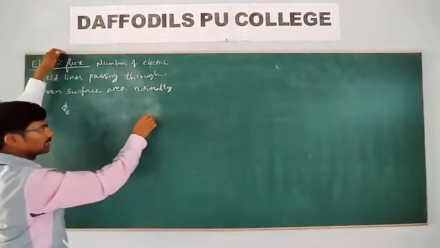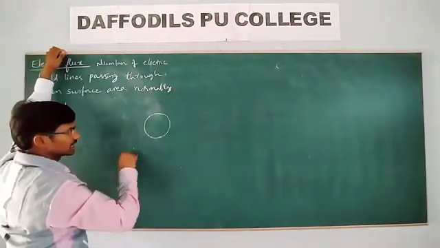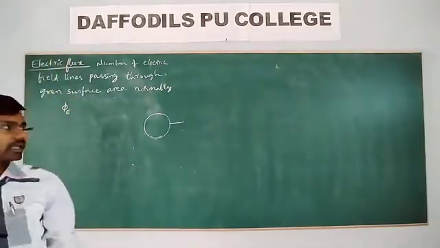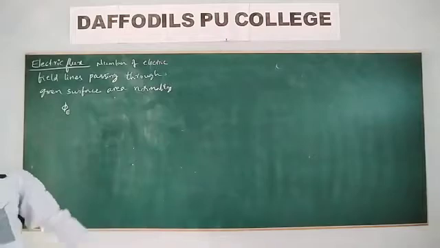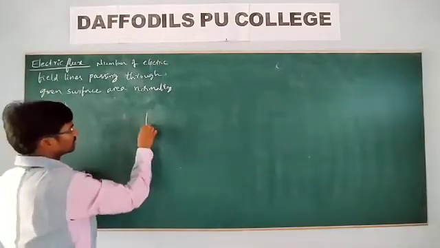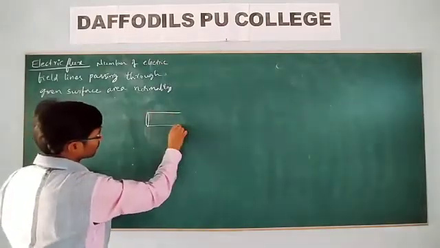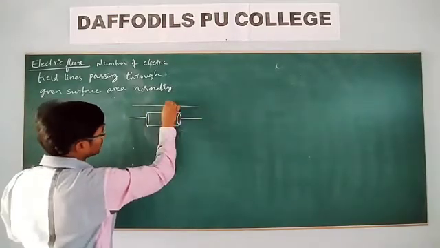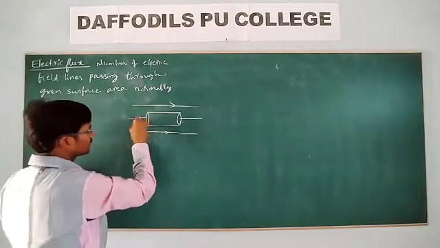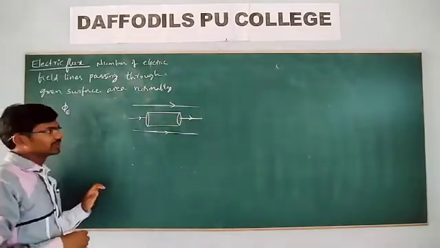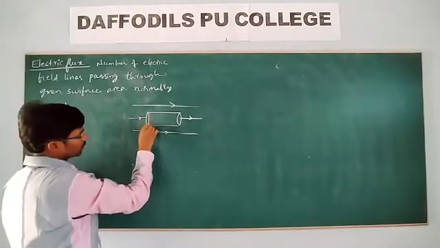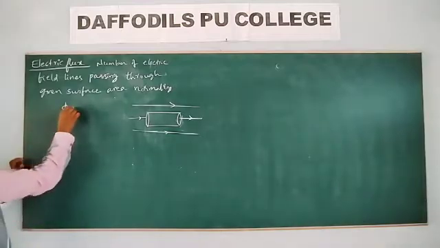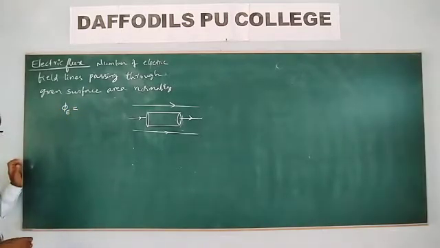Now, whenever we take a surface area, from this charge you get a number of electric lines. If this is the direction of the electric field, and we have considered a cylindrical surface area, what would be the electric flux through a given surface area normally?